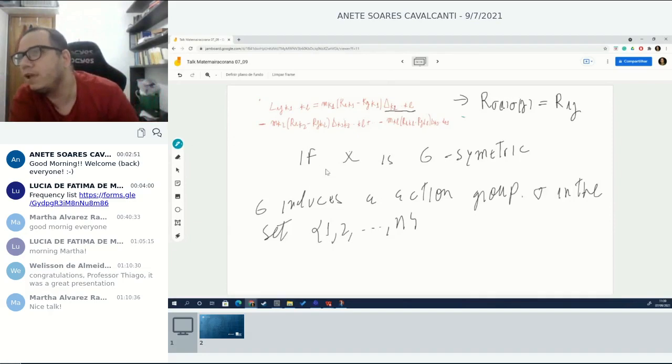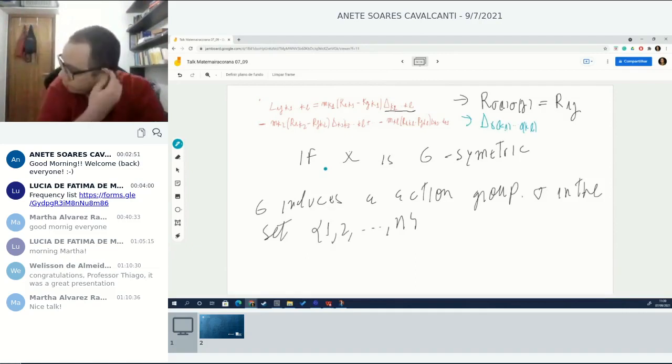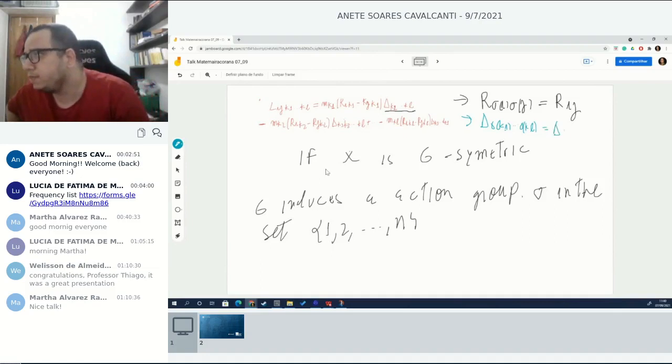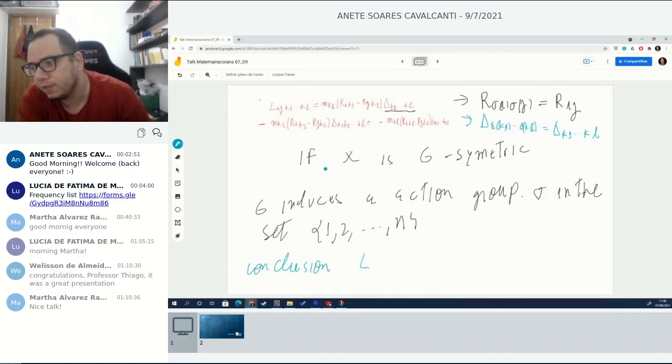Then we have also delta of sigma k1, ..., sigma kL is equal to delta of k1, ..., kL. Then conclusion: the Laura-Andoyer equation is invariant under the group action.